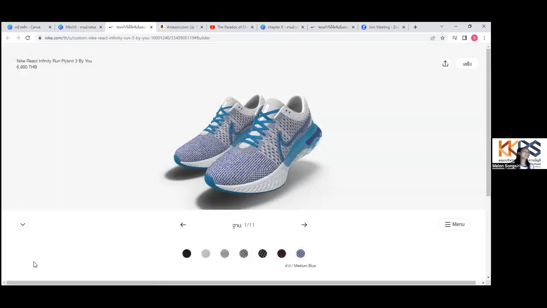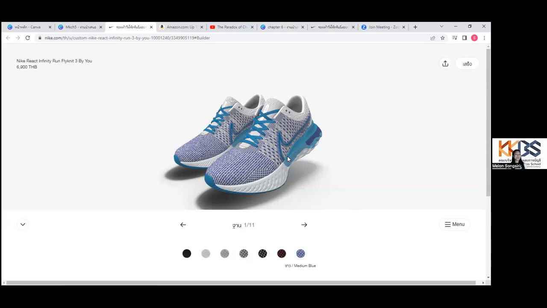Okay, this one is the example. This one is the general shoes. So the price, if it is general and not customized, is around 5,000. But if the customer wants to customize, they have to pay more money.